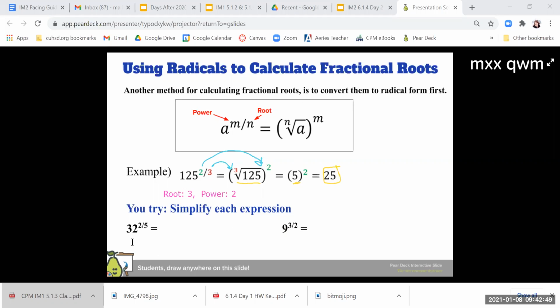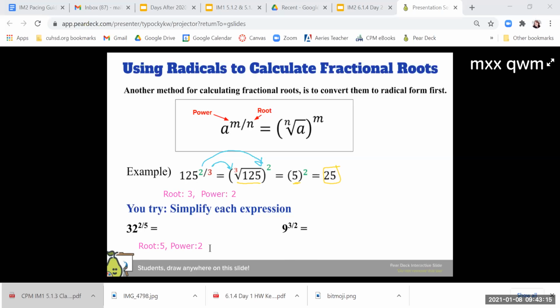The denominator is the root, the numerator is the power. So I have a root of 5, and I have a power of 2. So I want to take the 5th root of 32, and then I want 2 of them.